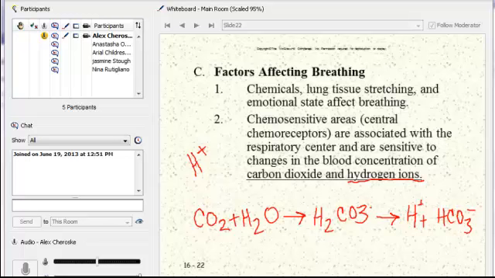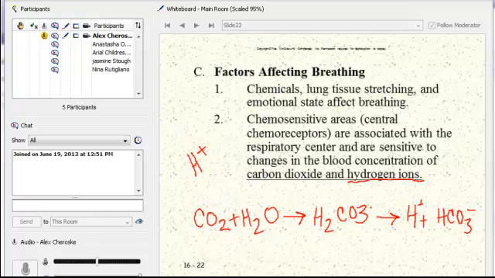We have to change it into bicarbonate. So you see that HCO3, that's bicarbonate ion. You can see how the carbon dioxide is within that, right? HCO3, if we look at that chemical makeup, it's got CO2 in it, right? So that's how carbon dioxide is commonly transported in the blood. But as we change carbon dioxide into bicarbonate, we give off these free hydrogen ions, which can make the blood more acidic.